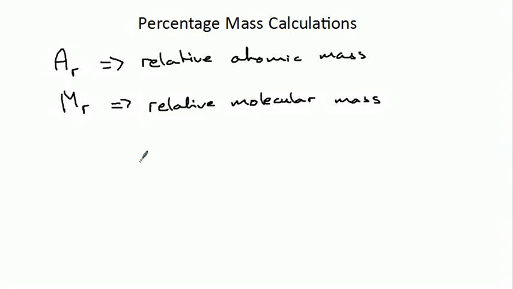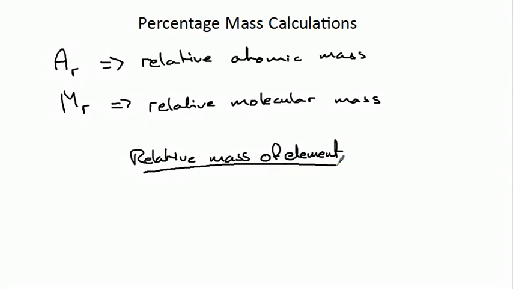What we're actually going to be doing here is working out the percentage of one element in a compound. So we are looking at the relative mass of the element divided by the relative molecular mass, and because it's a percentage, times it by 100.